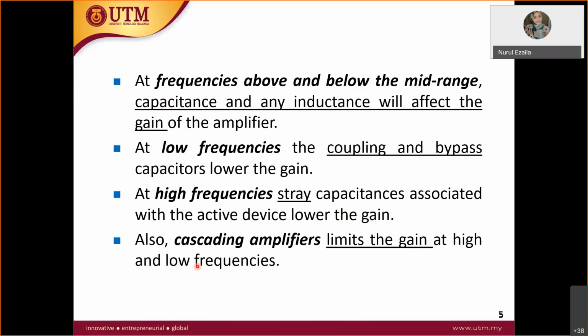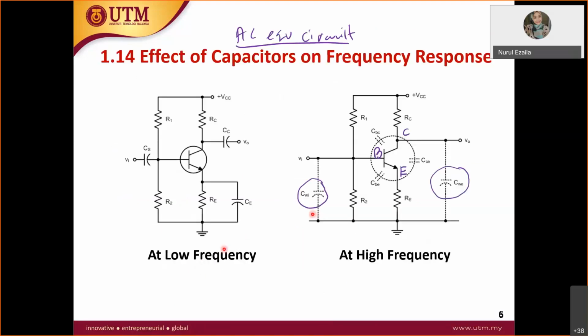For the low frequency, we include the coupling capacitors, the capacitors that you can see in the circuit. For example, we have 3 coupling capacitors, at the source, at the collector, and at the emitter. So we have to include all these 3 capacitors in our AC circuit.